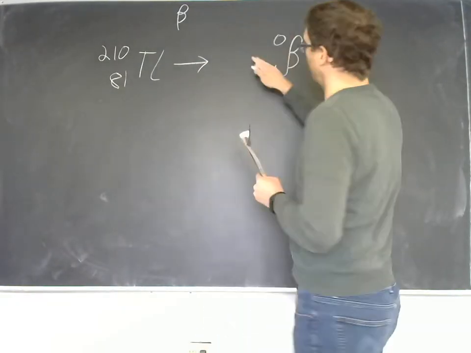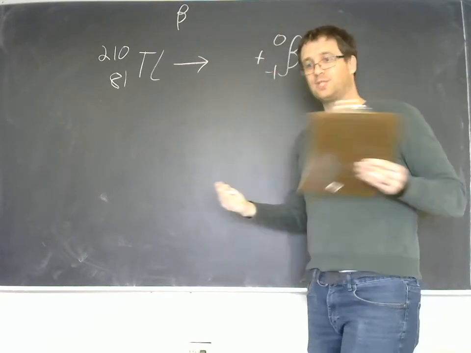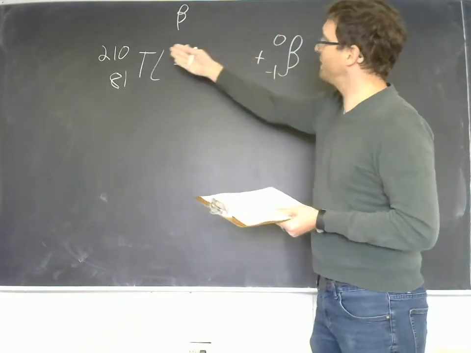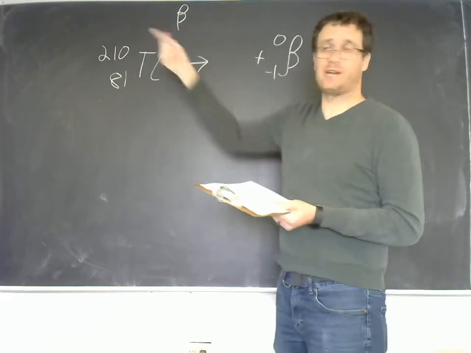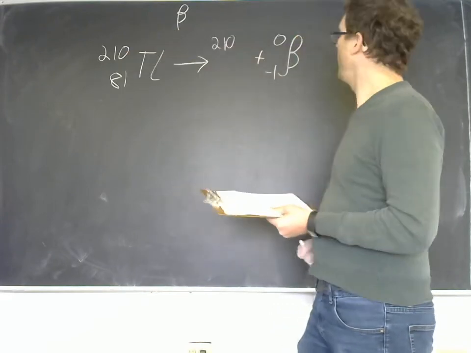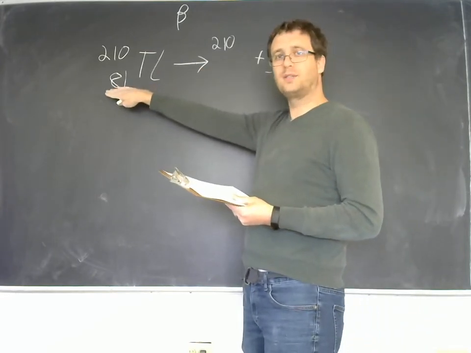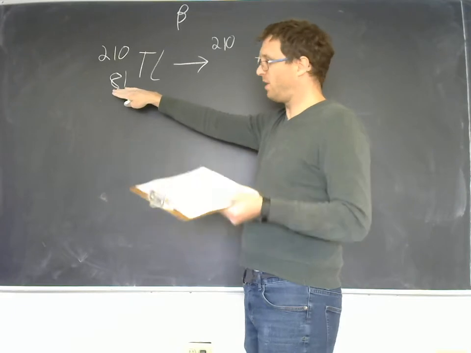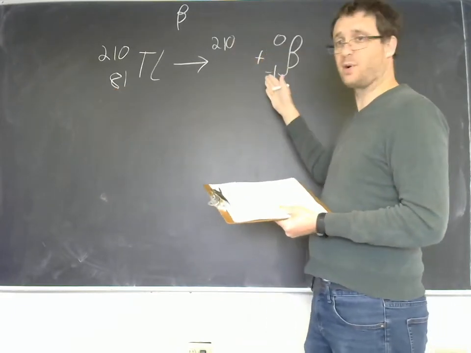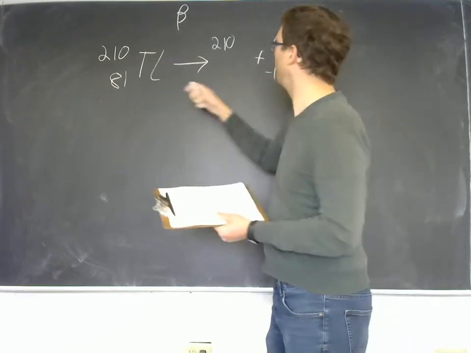I should have given myself more room, but I'll just try to write really small. And we'll do the same sort of balancing. So the mass on the right should match the mass on the left. That'll be 210. And then the atomic number, or the number of protons on the left, should sort of match the number on the right. Well, here we have a -1, and so in order to make that match 81, we're going to need 82.